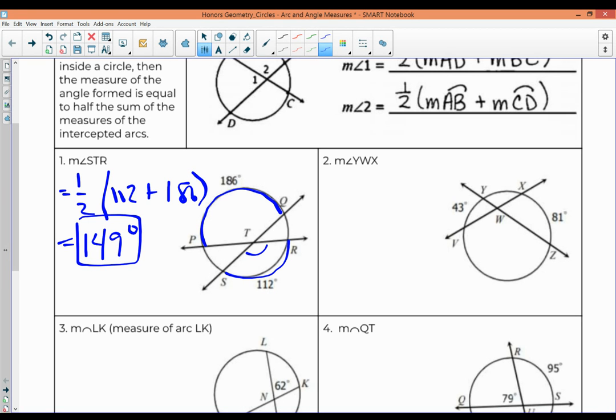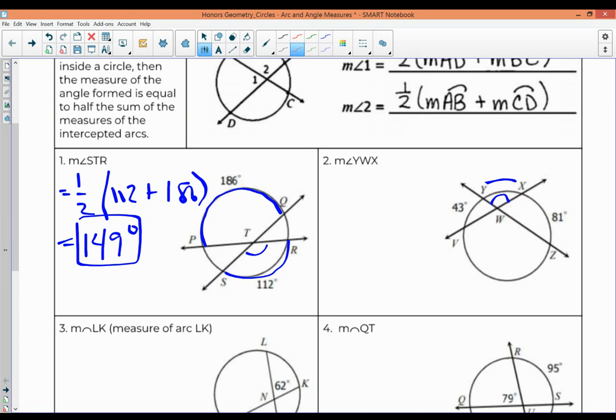Number 2, we're looking for the measure of angle YWX. That's right here. So we notice that we don't have measures of those intercepting arcs. We don't know what the measure of arc YX and arc VZ are.